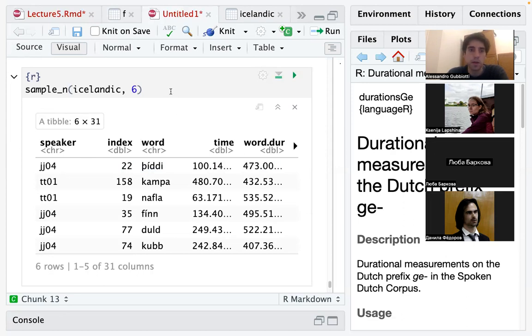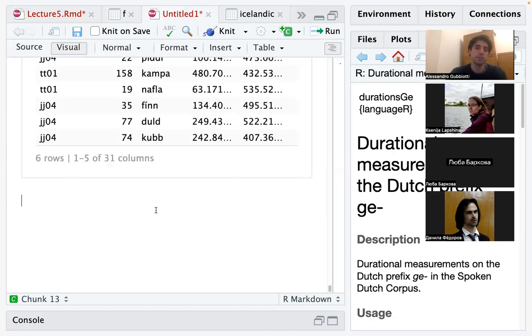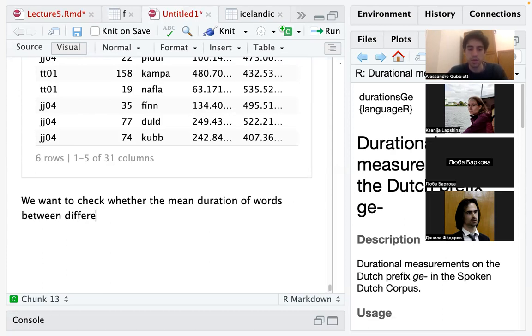So let me write it: to check the duration of words between different speakers is different.